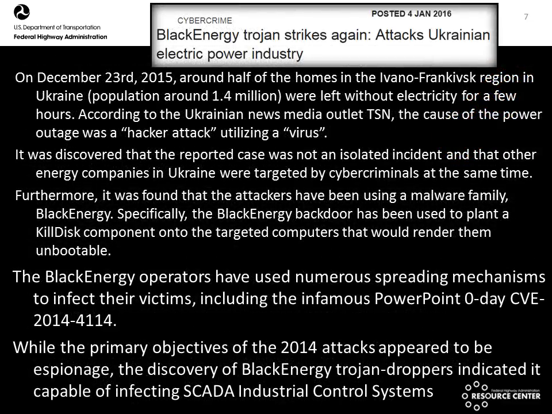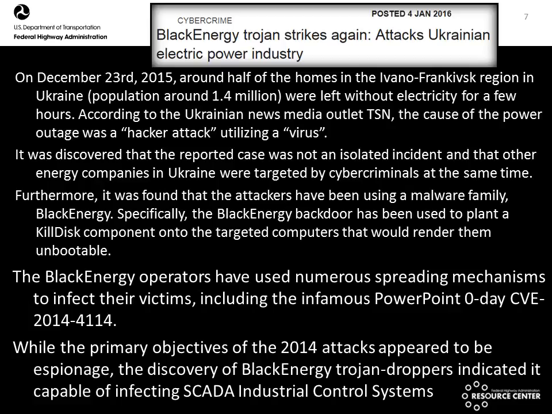On December 23, 2015, around half of the homes in the Ivano-Frankivsk region in Ukraine were left without electricity for a few hours. According to a Ukrainian news media outlet, the cause of the power outage was a hacker attack utilizing a virus.